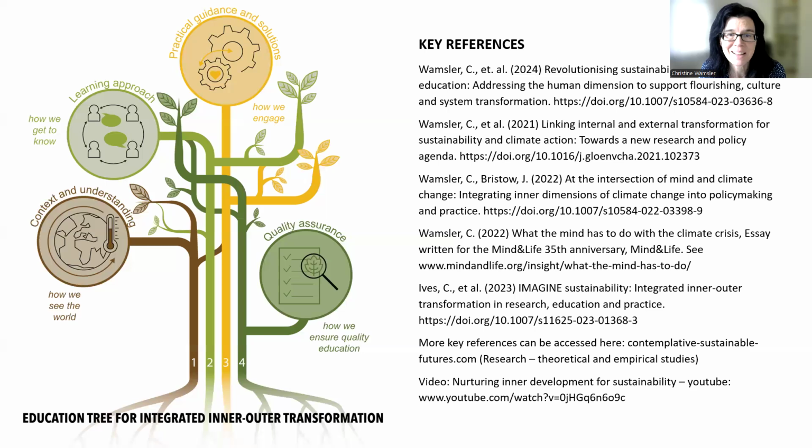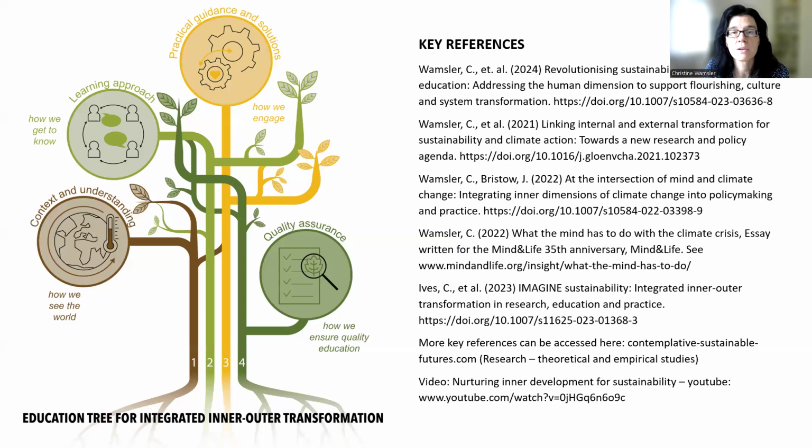So summing up, the education tree tells us that courses that aim to accelerate sustainability, regeneration, and transformation should provide science-based context and understanding, a comprehensive learning approach, including a safe space, practical guidance for action taking, and ongoing quality assurance.